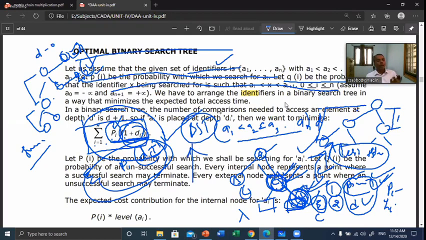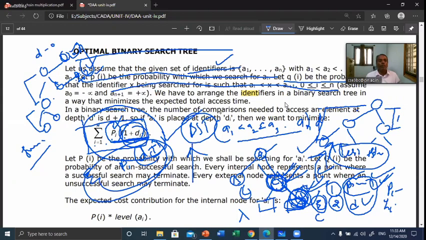Optimal binary search tree means we can construct more than two or three binary search trees with given elements. But among these binary search trees, the one which gives less time to search the elements is the optimal binary search tree.